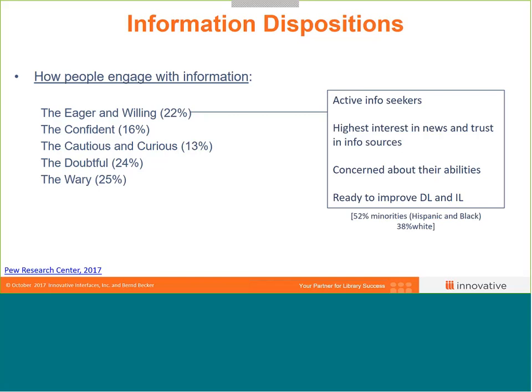The eager and the willing, this is an ideal group to work with in regards to digital literacy. They are the active seekers of information and they have a strong interest in learning. That's a wonderful combination. They have the highest interest in news and trust in information sources. These are people that express concerns about their online capabilities, but they are anxious to improve their digital skills and information literacy.